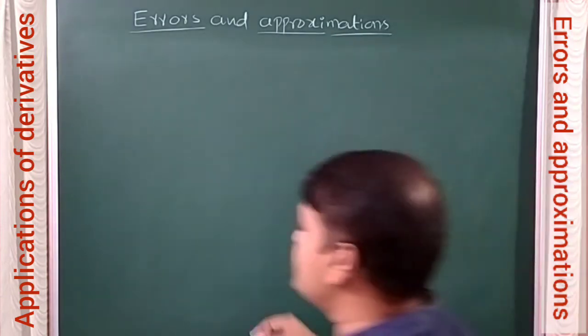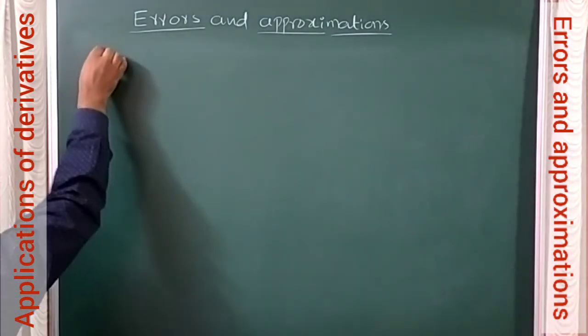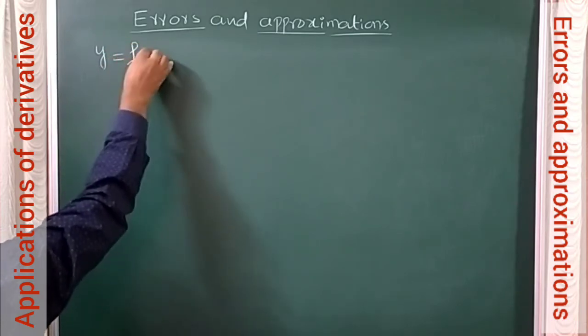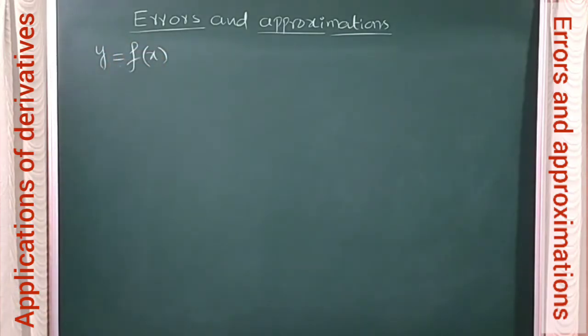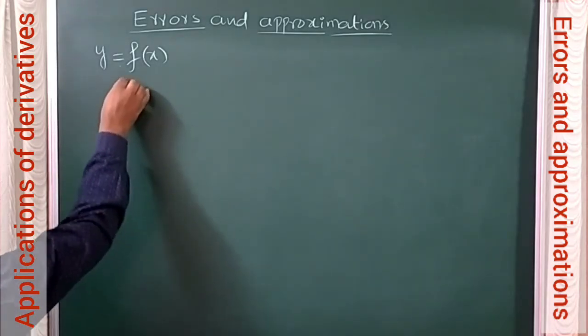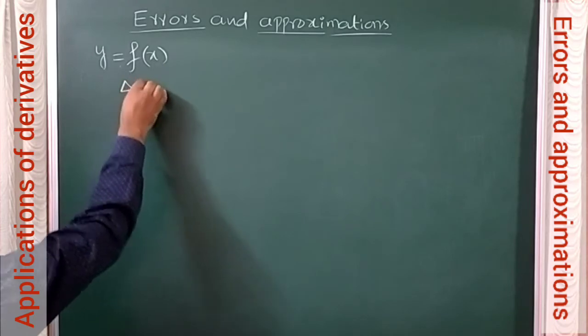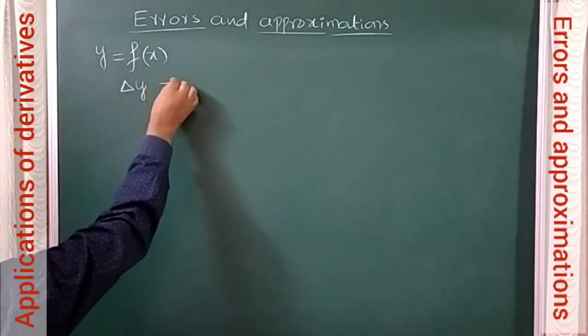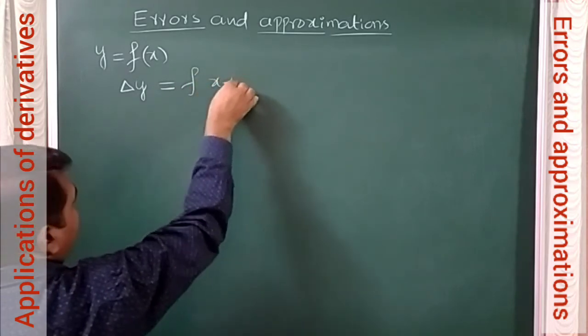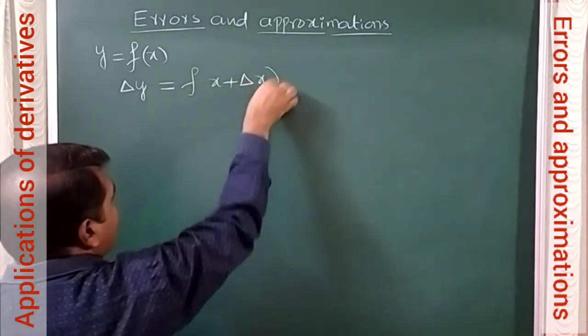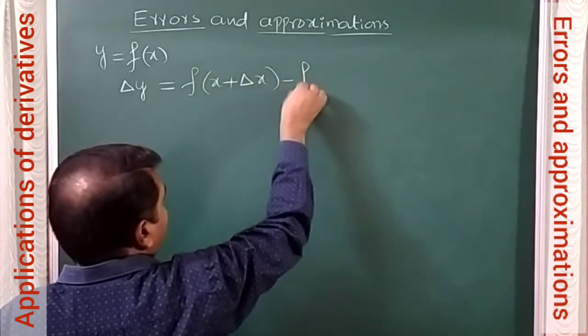If y is equal to f of x, some function in x, then delta y, that means error in y, we can take as f of x plus delta x minus f of x.